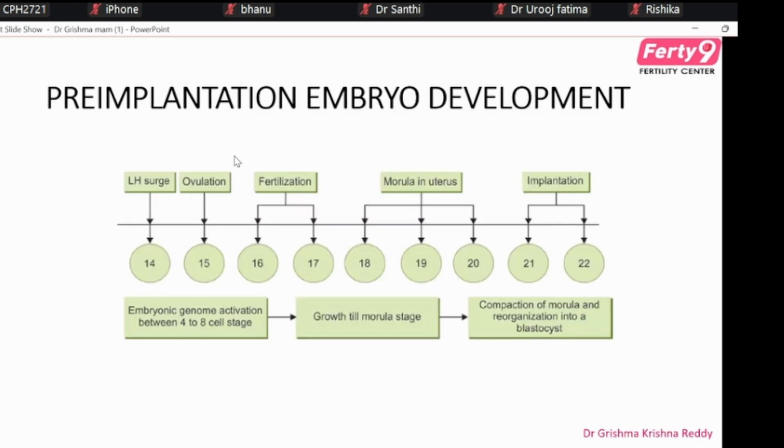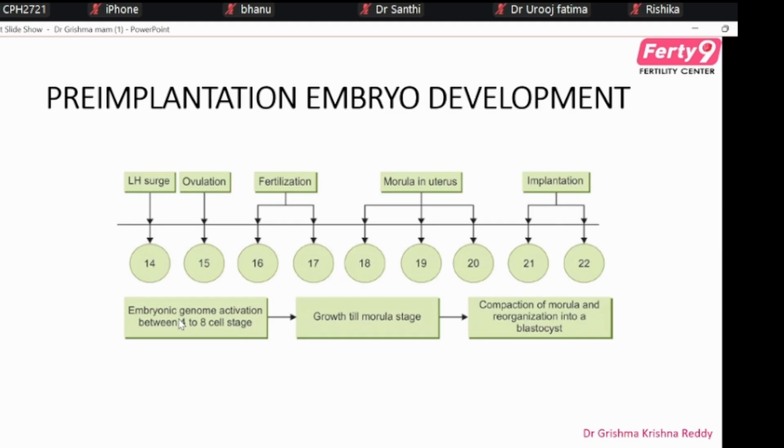So, pre-implantation embryo development: when a lady has a 28-day cycle, the LH surge will be around day 14, then ovulation will happen on day 15, whereas fertilization happens on day 16, 17, and then there will be the morula on day 18, 19, 20, whereas the implantation process will start on day 21 or day 22.